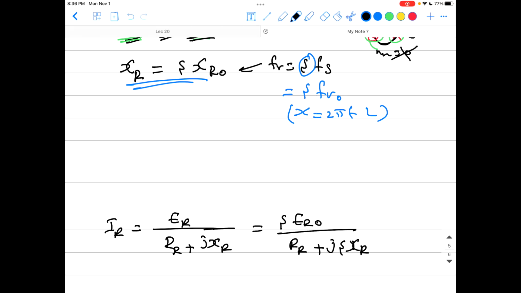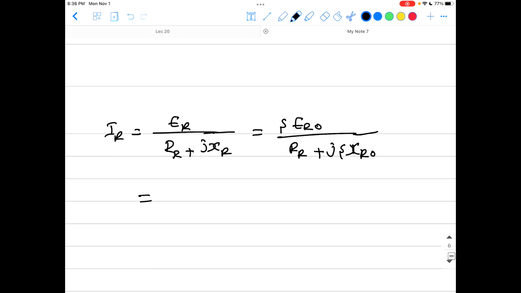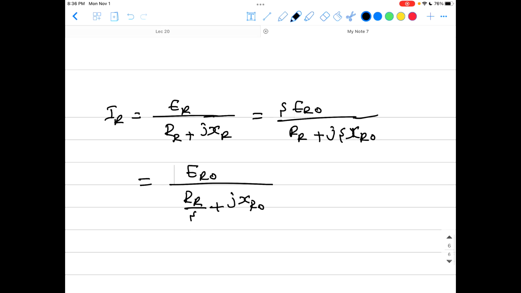times X rotor 0. So I'm dividing the numerator and denominator by the slip, and this gives you E rotor 0 divided by R rotor divided by the slip plus jX rotor 0.